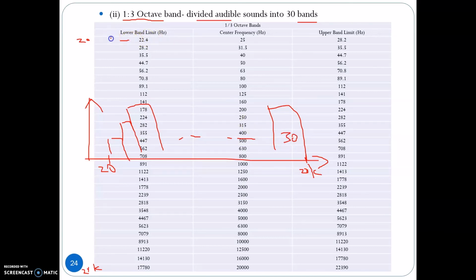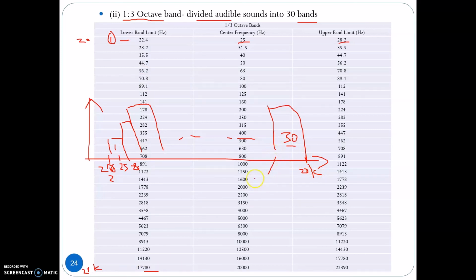So this is the first band frequency. Your first band has the center frequency equal to 25, lower band limit equal to 22, upper band limit equal to 28. So this is the first band. You can continue for the 30 bands, which is this.